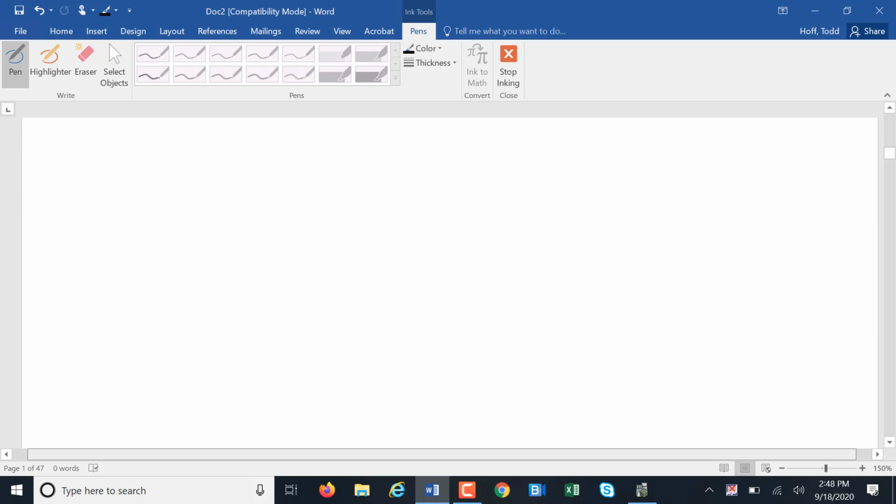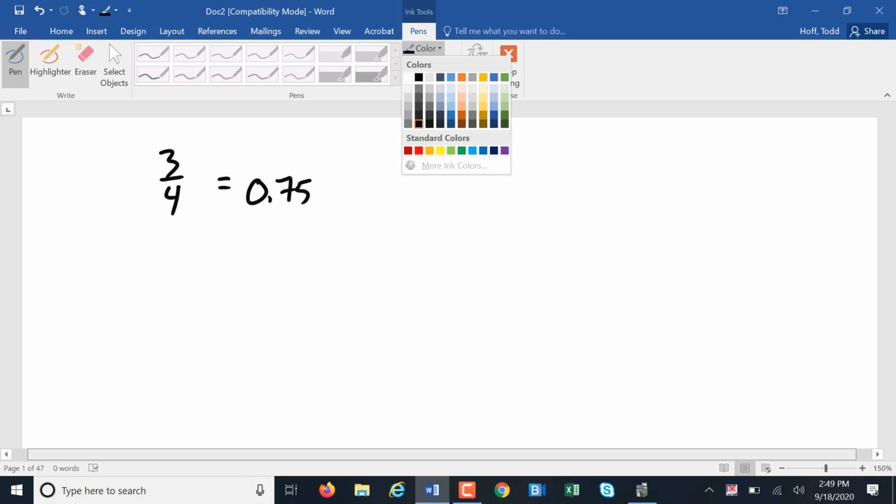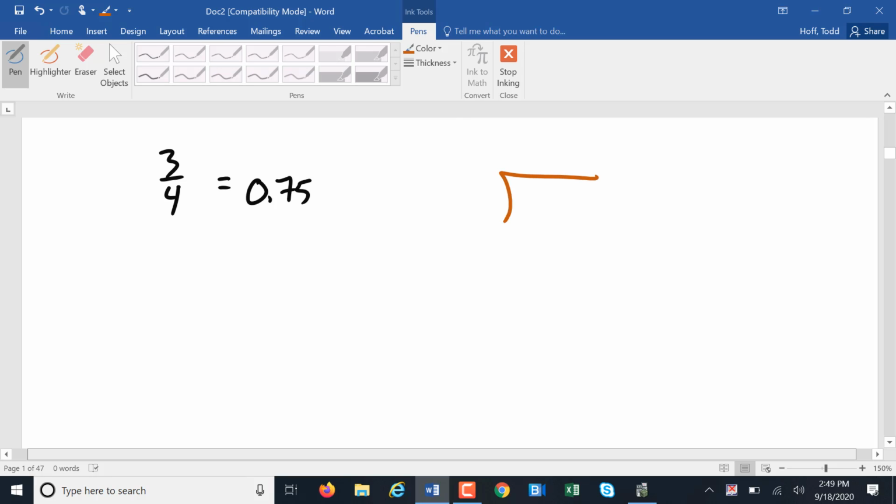So now with that practice, with that procedure in there, we can look now at converting a fraction back into a decimal. We all know that 3/4 is what as a decimal? 0.75. But if we didn't know that and we had to divide, remember, a fraction is a division problem. 3/4 is 3 divided by 4.